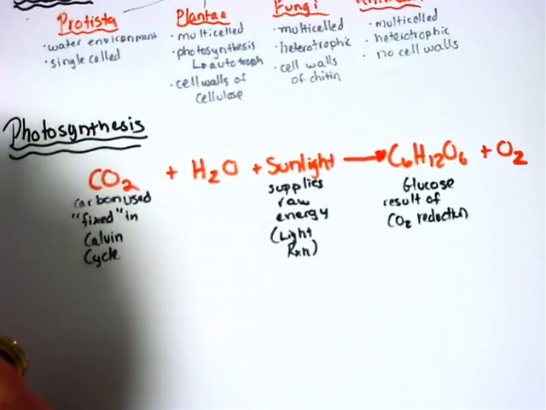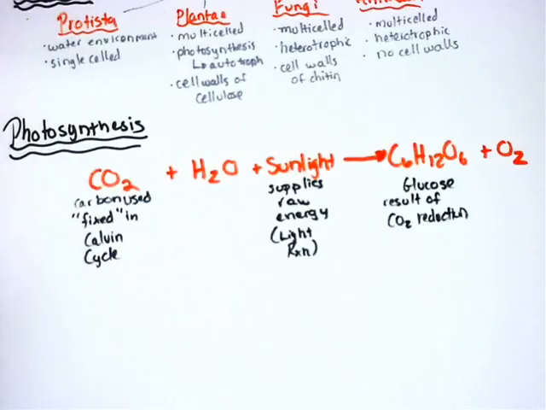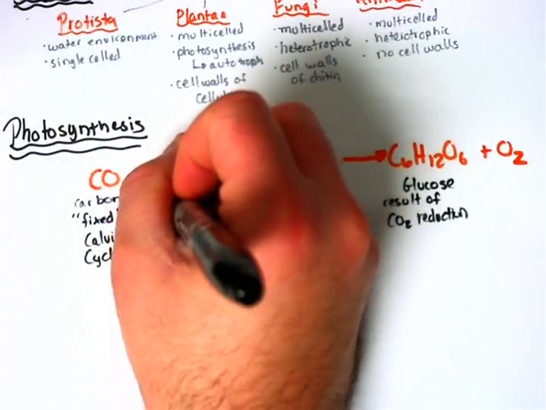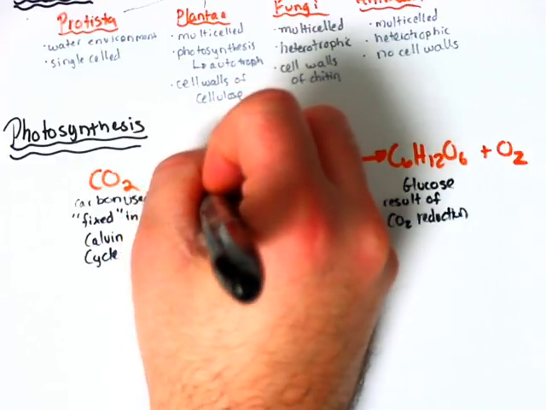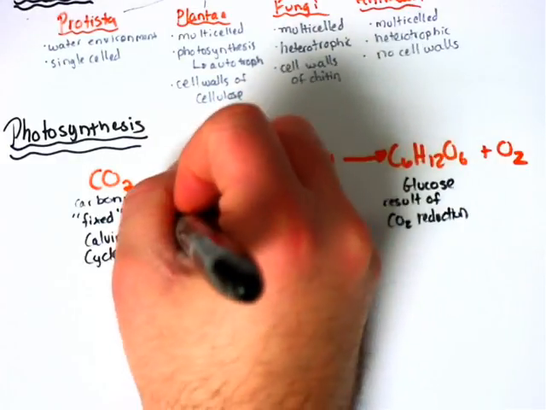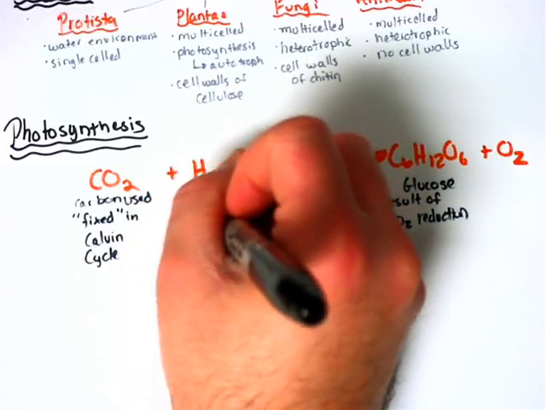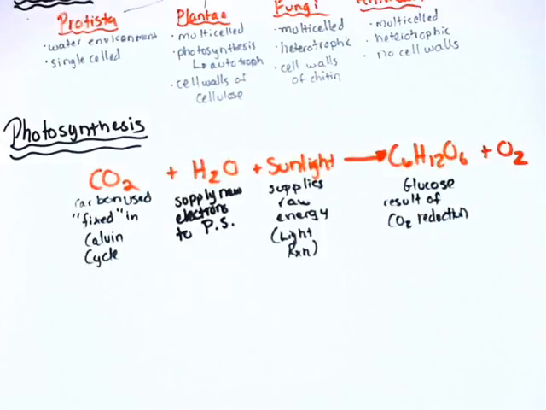Water, the purpose of water usually gets thrown out the window. People kind of just disregard it, I think, a lot of times. Its purpose, though, is to supply new electrons to the photosystems, right?